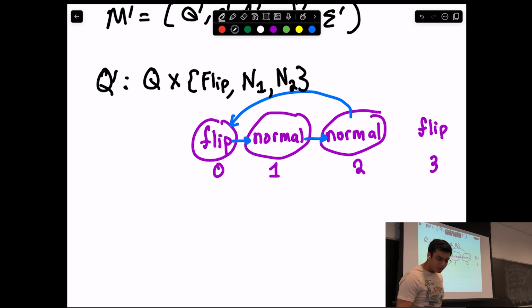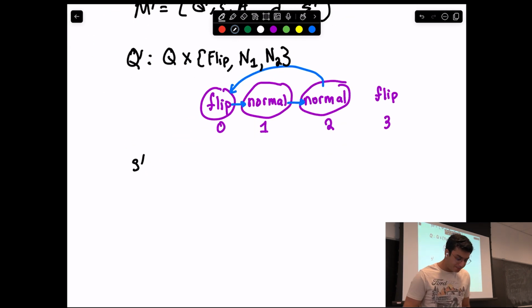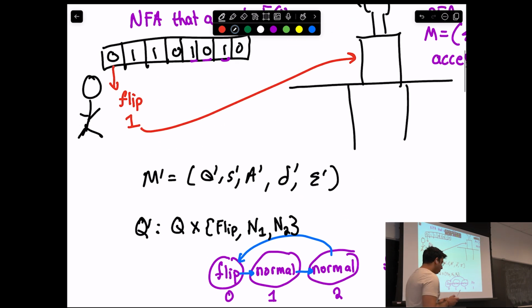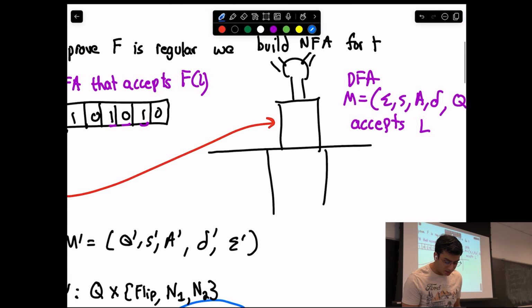So here we are. In our start state, we flip the first bit, right? So we start the execution of the DFA, the old machine that we're using as a black box. We start executing from the start state of that DFA, and we know that the first bit that we pass into that DFA is something we want to flip.